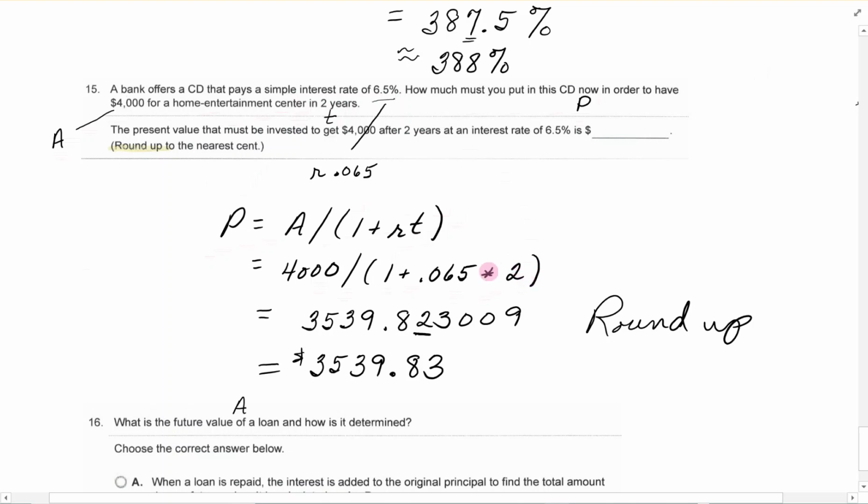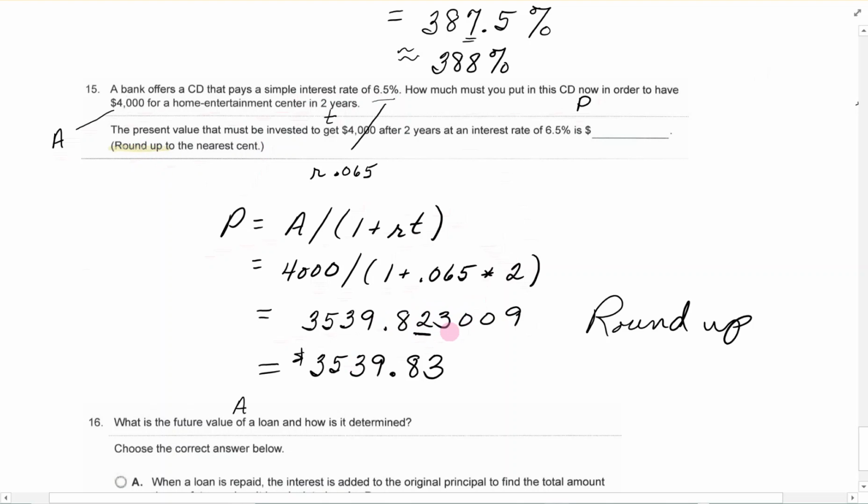Now, this is looking for the present value. What do you have to borrow in order to get this particular future value? So when I get my answer, it says round up to the nearest cent. Well, here's cents.